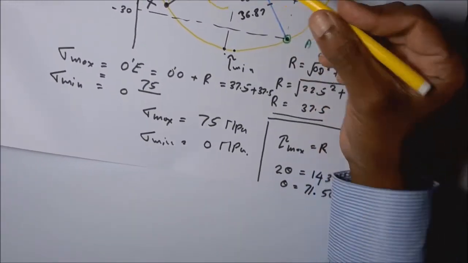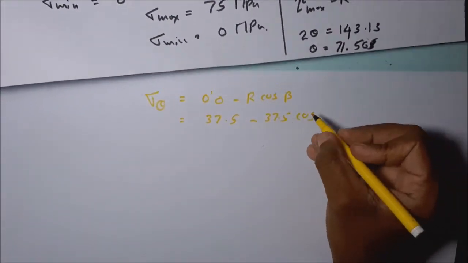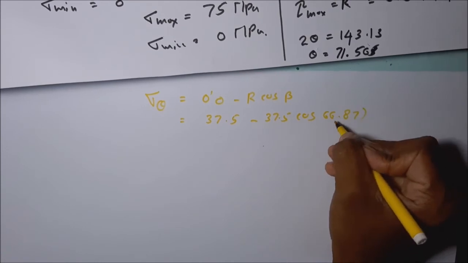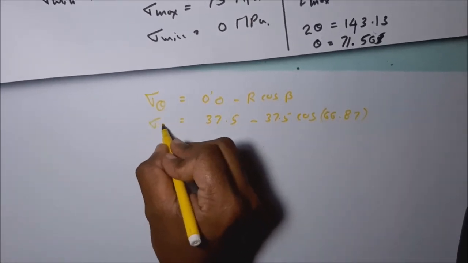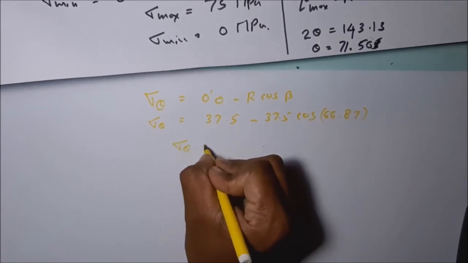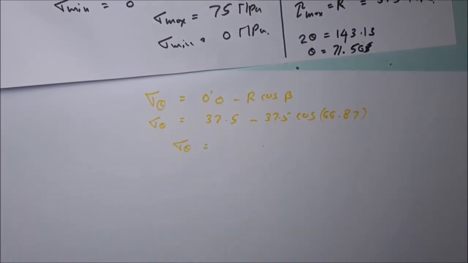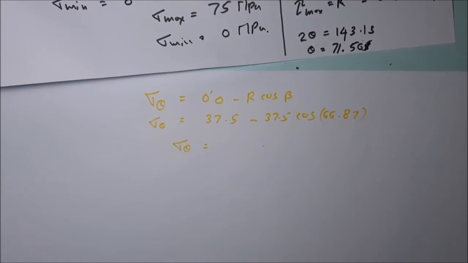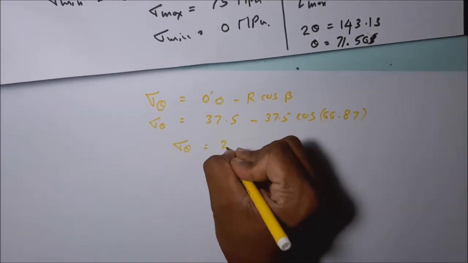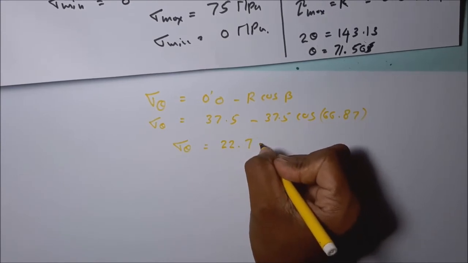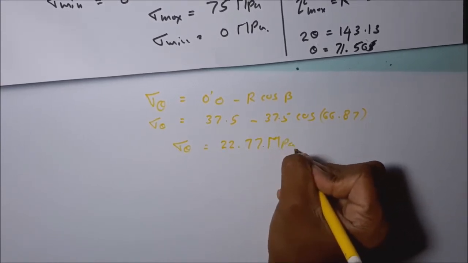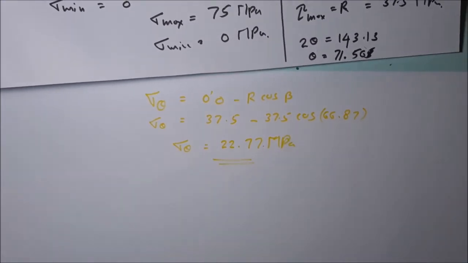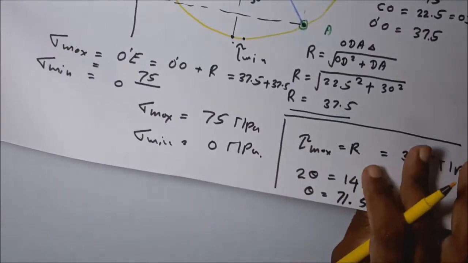Cos beta, with beta equal to 66.87. So sigma theta is equal to 37.5 times (1 minus cos 66.87), which is 22.77 megapascal. Okay, sigma theta is the value.